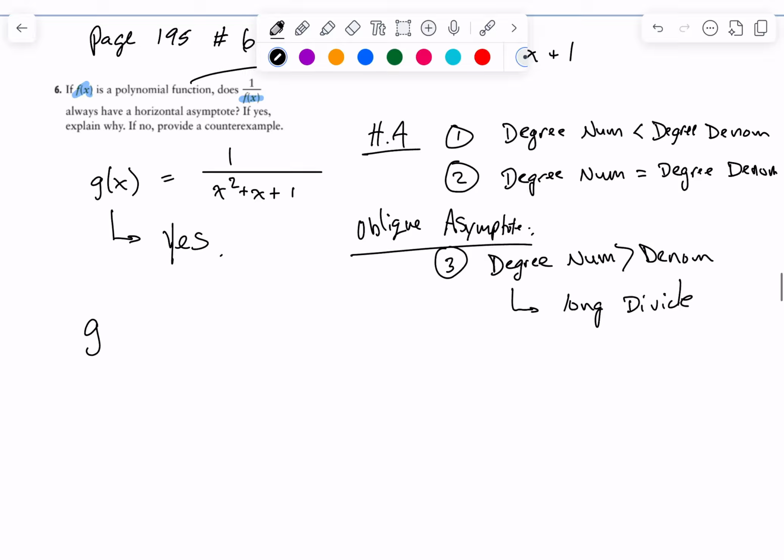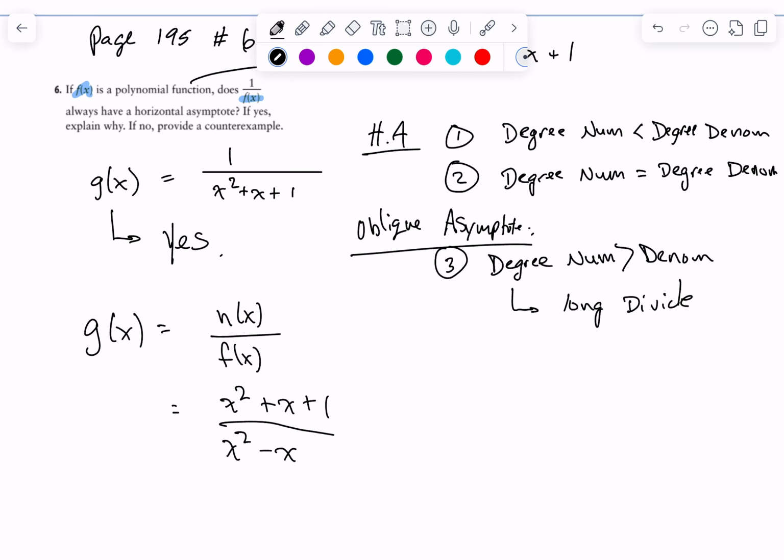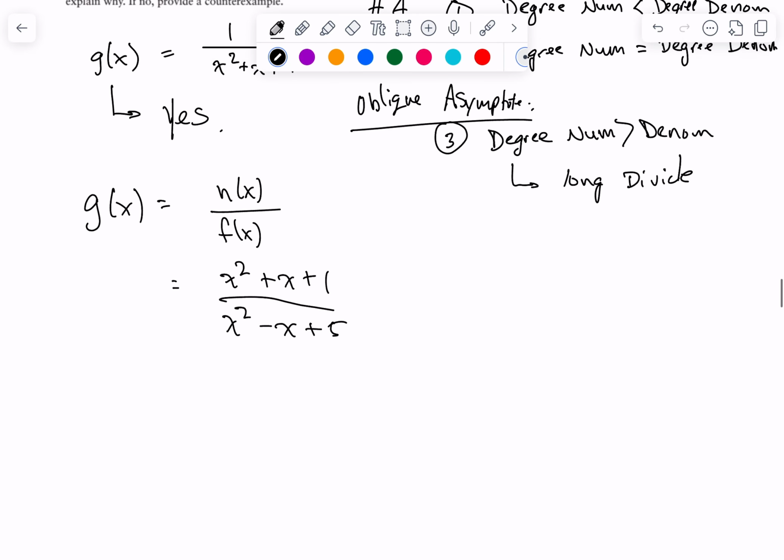if g of x happened to be, let's say they had another polynomial like h of x over f of x, and we had something like x squared plus x plus 1 divided by x squared minus x plus 5. That would have a horizontal asymptote where the degree in the numerator is 2 and the degree in the denominator is 2, right?